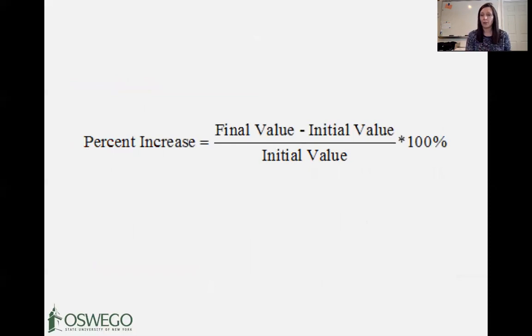In the case of the multi-factor productivity, that was 0.00097 minus the initial value of 0.00077, and divide that all by the original multi-factor productivity value of 0.00077. Multiply it by 100%, and you should get about a 20% increase. If you have any questions as we go through these calculations, please don't hesitate to reach out.